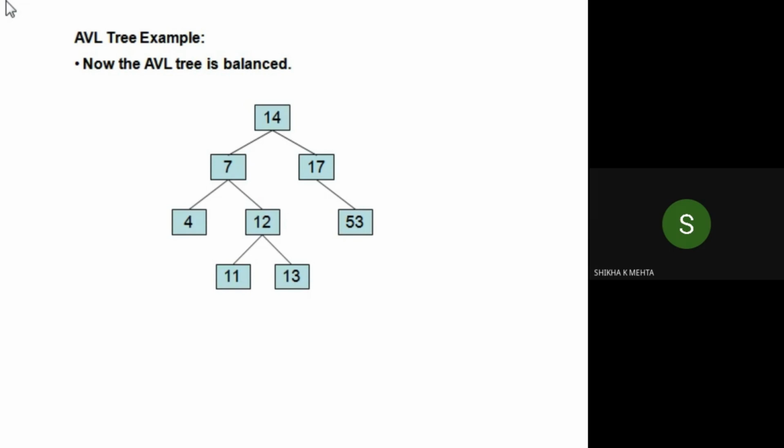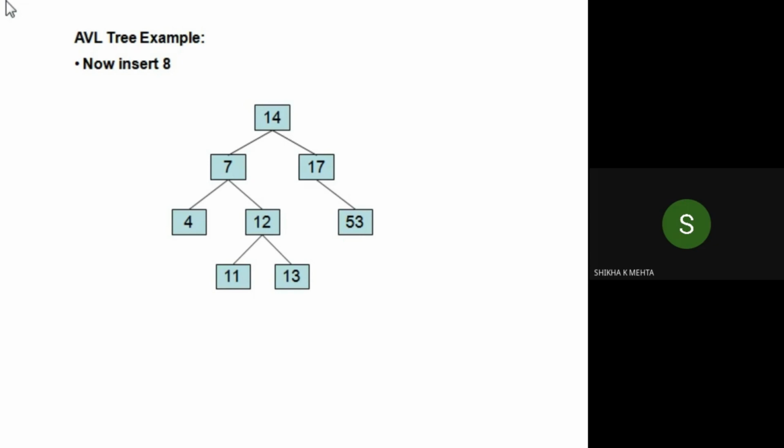Clear this thing? So when we are applying the rotations, you have to remember what kind of operations we are going to apply, right? That means you have to first understand the current scenario, whether it is completely left unbalanced or completely right unbalanced, or it is left right or right left accordingly.